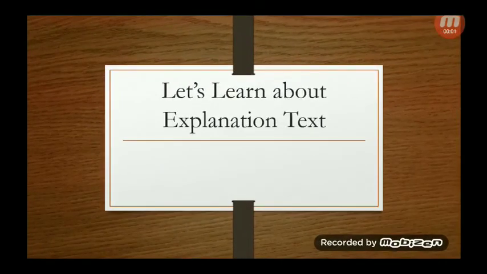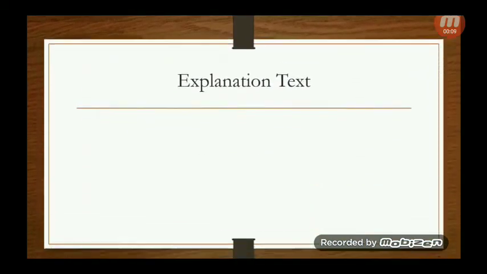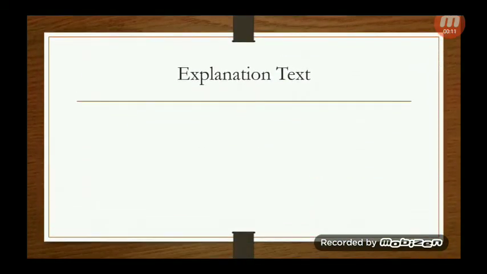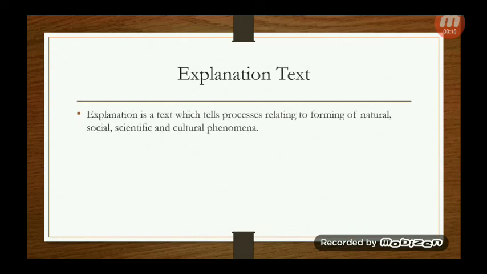Okay, now let's learn about explanation text. First, we're going to learn what explanation text is. Explanation text is a text which tells some processes relating to the forming of natural, social, scientific, and cultural phenomena.